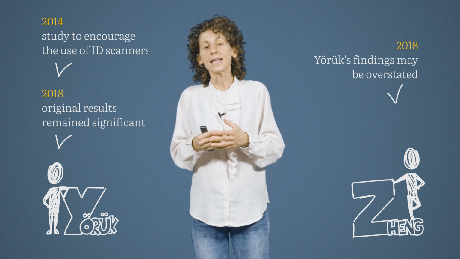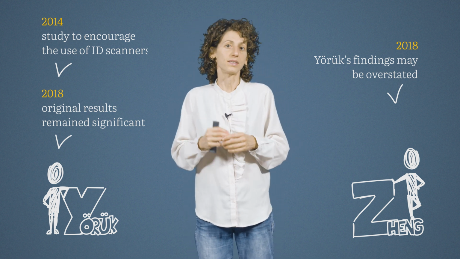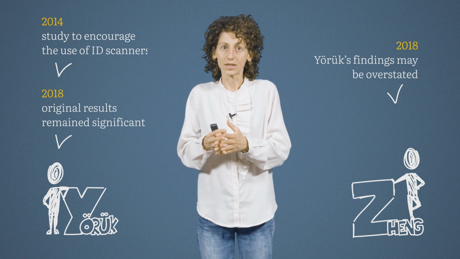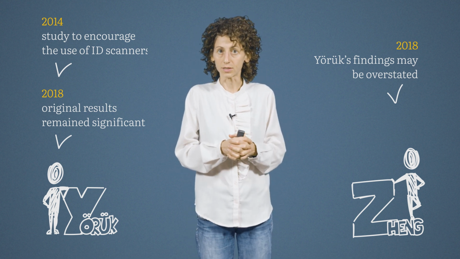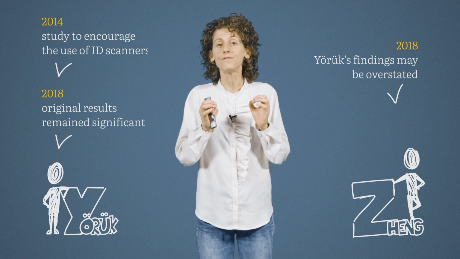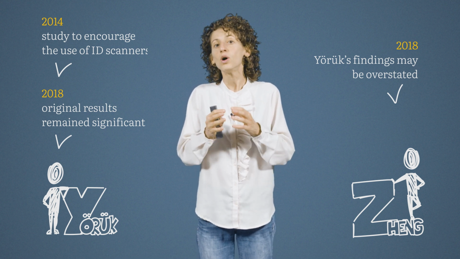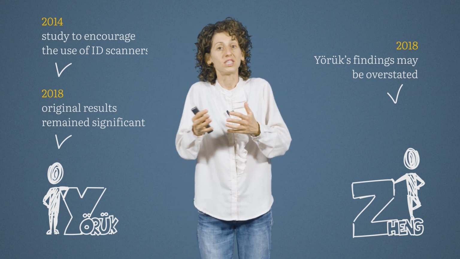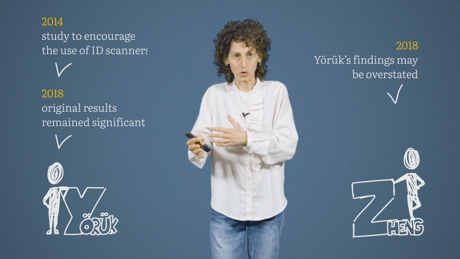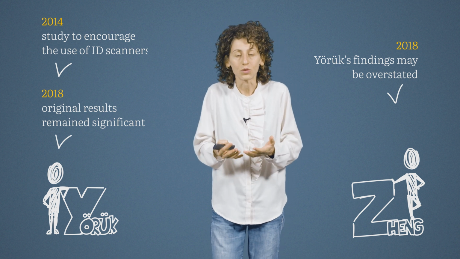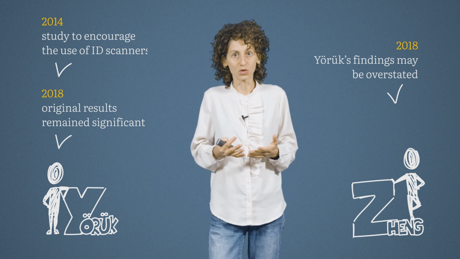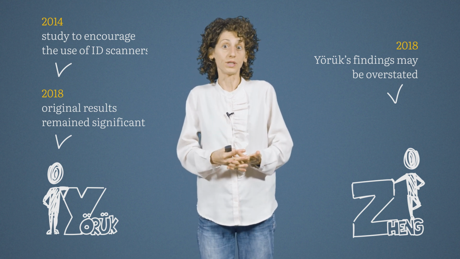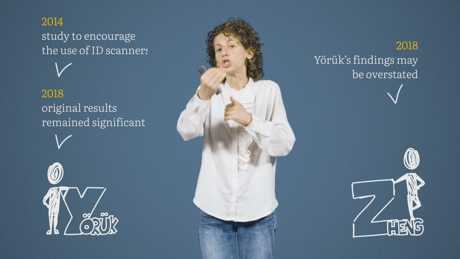Yoruk emphasized that the null results that Zheng found could be due to specific data selections and methodological choices, such as including very young age groups with minimal drinking habits, which may not be sensitive to the ID scanner laws. Yoruk argued that excluding instead this group would better align with the policy's target audience, who are typically teens approaching the drinking age.